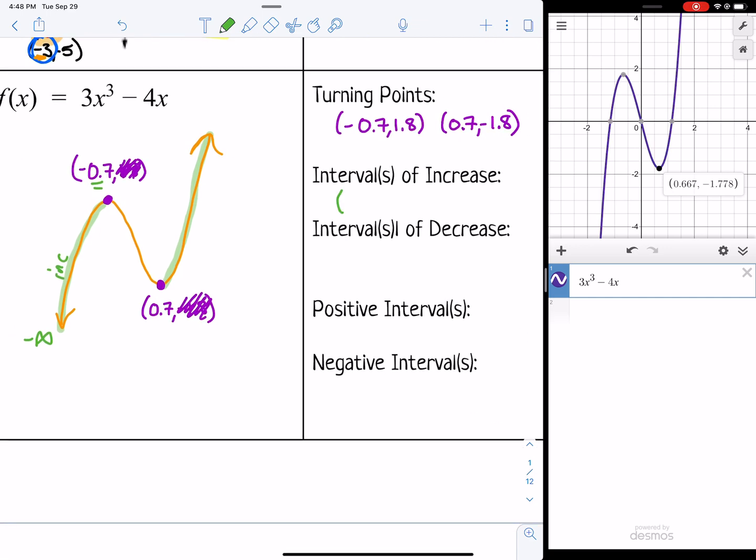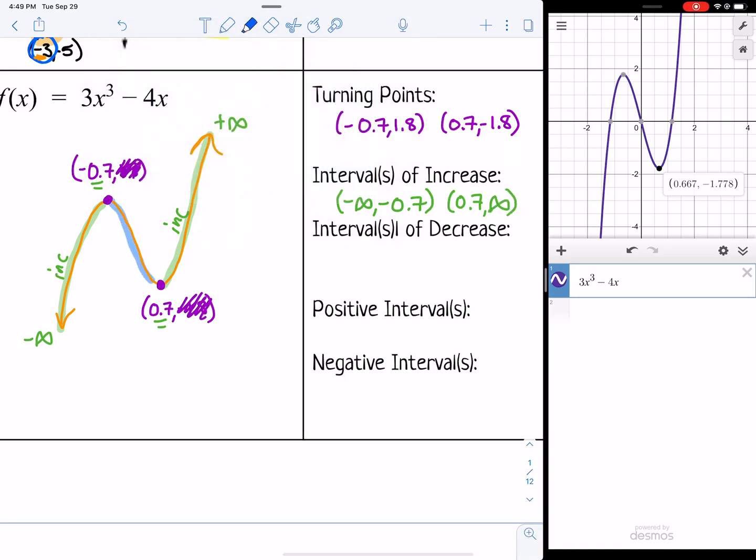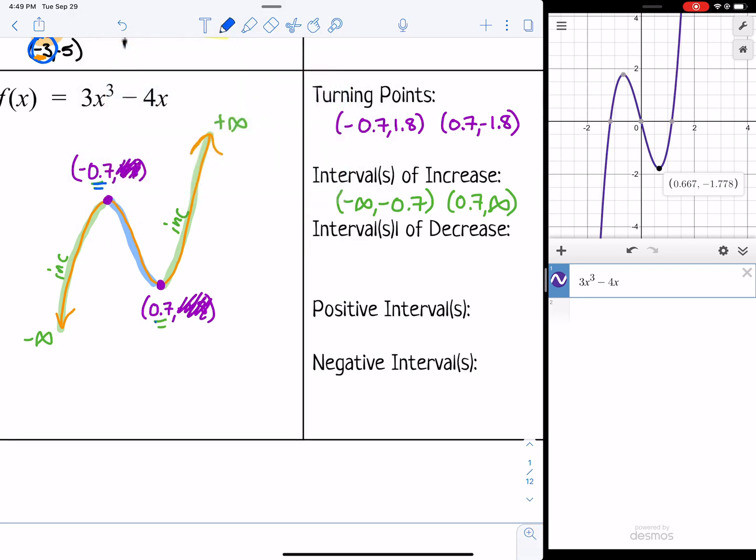So the interval of increase is negative infinity to negative 0.7. And then another interval of increase would go from 0.7 up to positive infinity. All right, the interval of decrease is this one in the middle here, and it goes from negative 0.7 to positive 0.7.